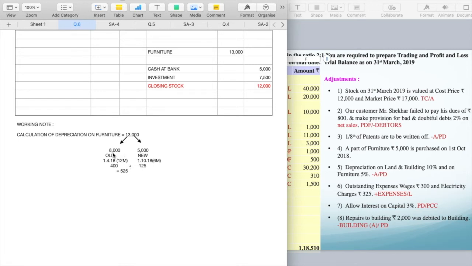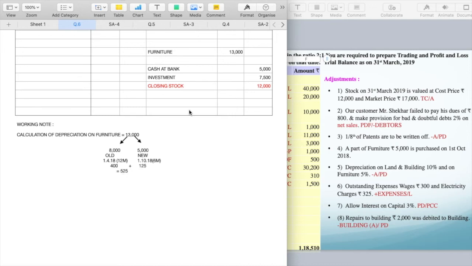So 8,000 is the old value, and the rate of depreciation is 5%. On 8,000, the older value, we calculate for 12 months, so the answer is 400. On the 5,000, 5% for the entire year would be 250, but we are supposed to calculate for 6 months, so it will be 125. So the total depreciation will be 525.